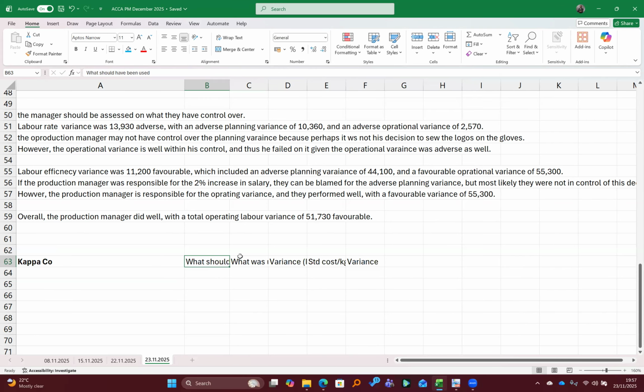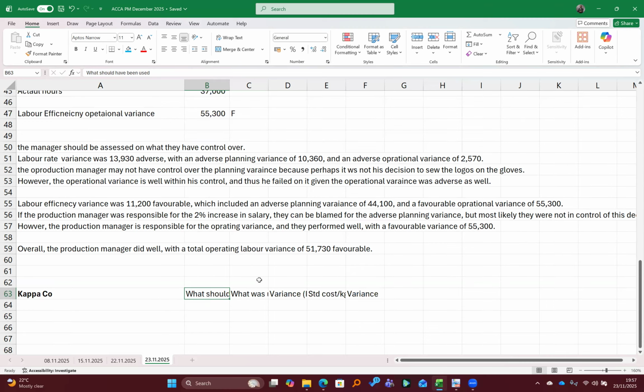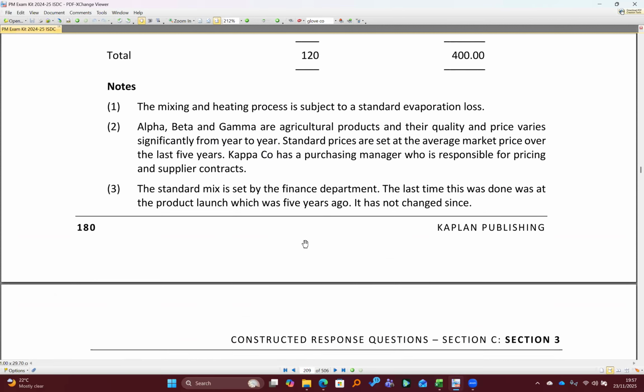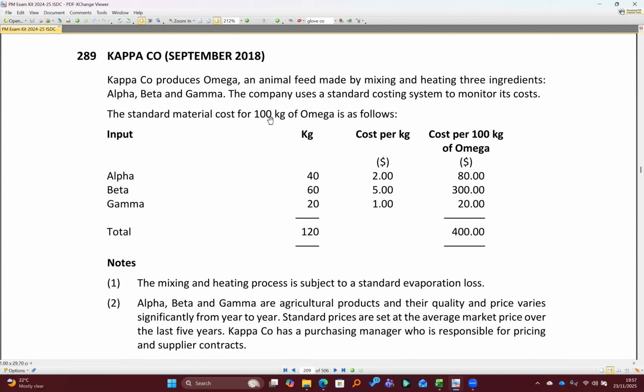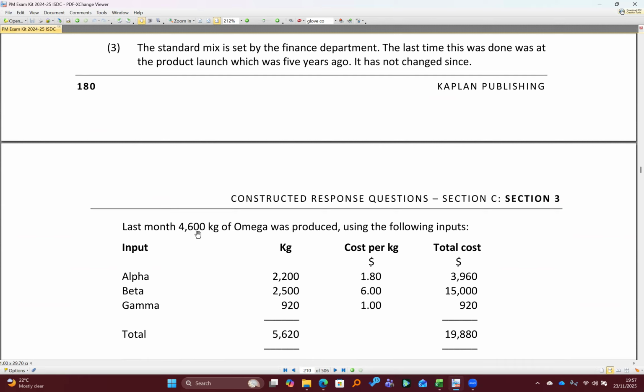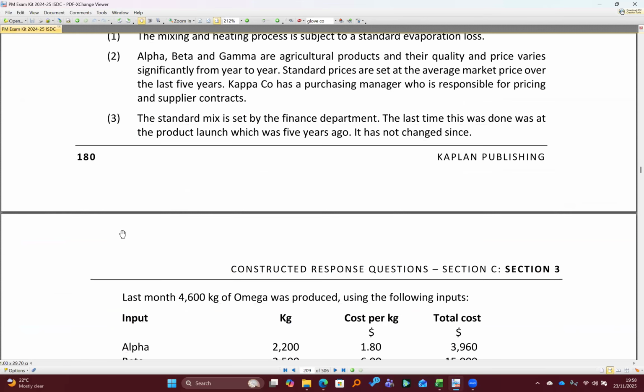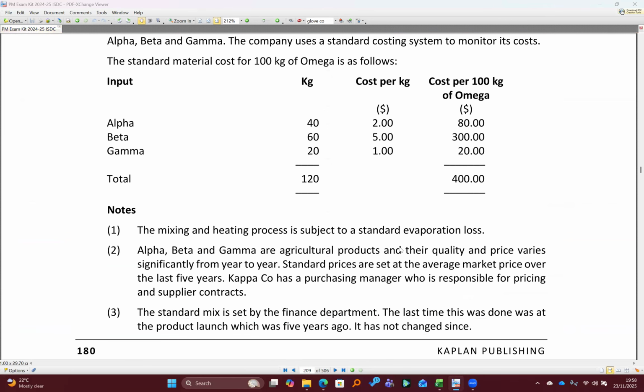Now this is given for 100 kilograms. So if we are looking at 4,600 kilograms, for the alpha, it means we shall have 4,600 divided by 100 multiplied by the 40 here.